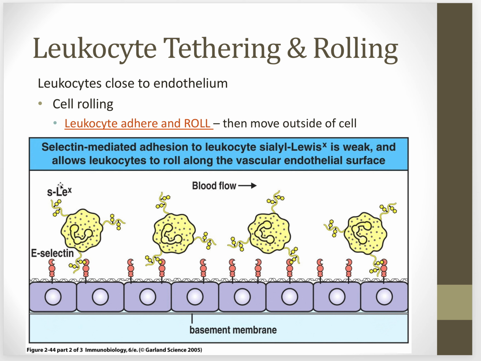So they both express these selectin proteins, which are attracted to one another because their shapes match pretty well. But here's the deal. They match well enough to bind. However, the blood flow velocity is still pretty quick.